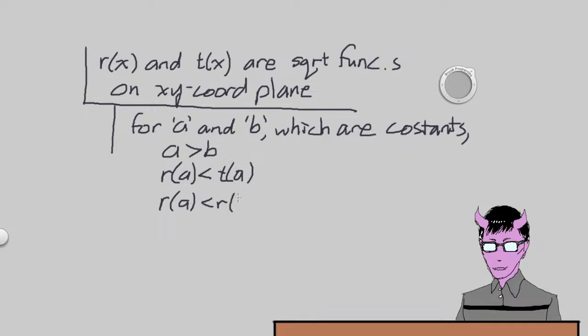I should have just skipped this one. And there's one more thing. Wait, there's more. And then we have t of a is greater than t of b. Wonderful. Is that it? I hope that's it. For how many solutions does the system of r and t of x have? Wait, what? Okay, hold on.